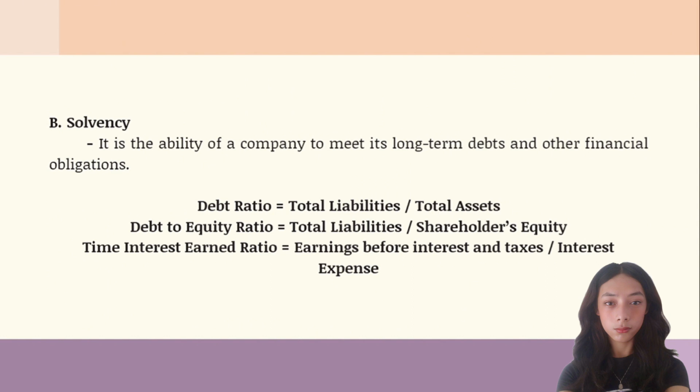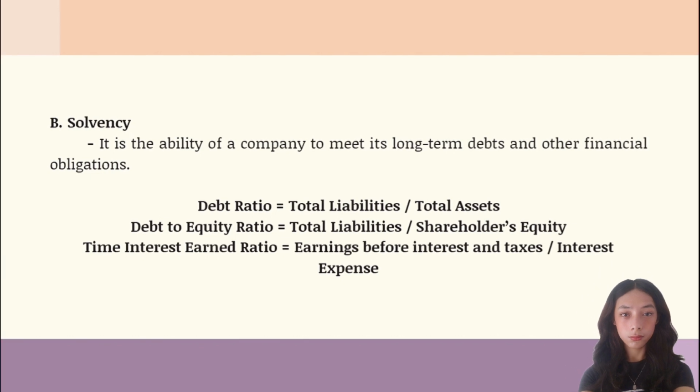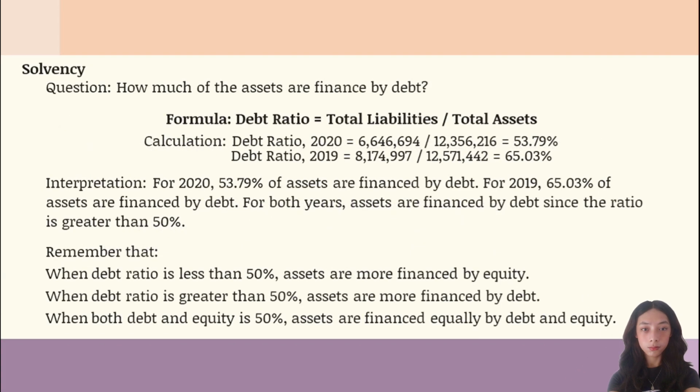So it includes debt ratio equals total liabilities over total assets, debt to equity ratio equals total liabilities over shareholders' equity, and times interest earned ratio equals earnings before interest and taxes over interest expense. So let's tackle them one by one and we start with debt ratio.